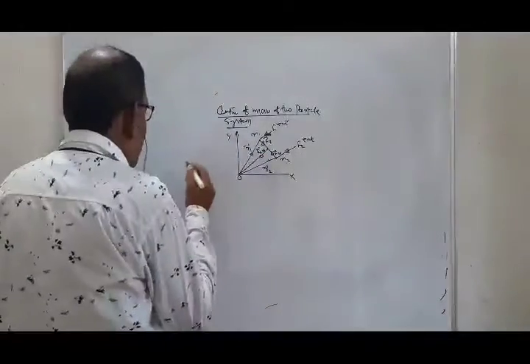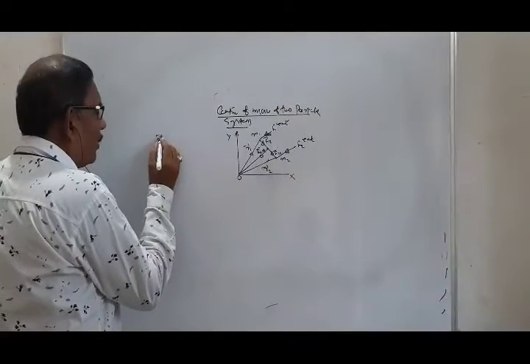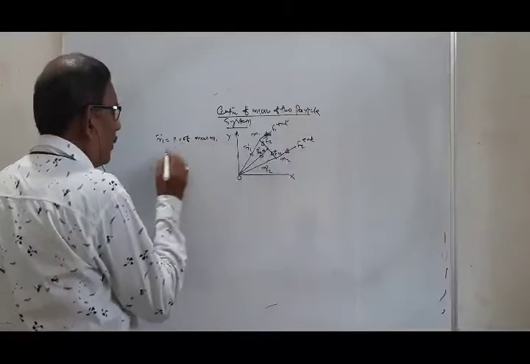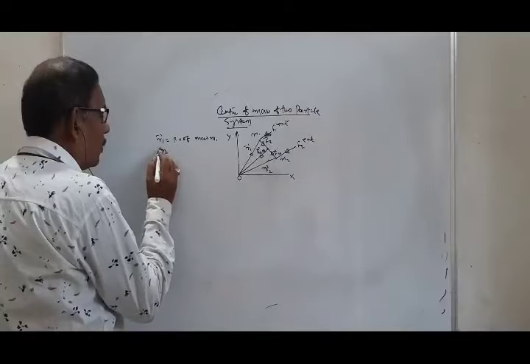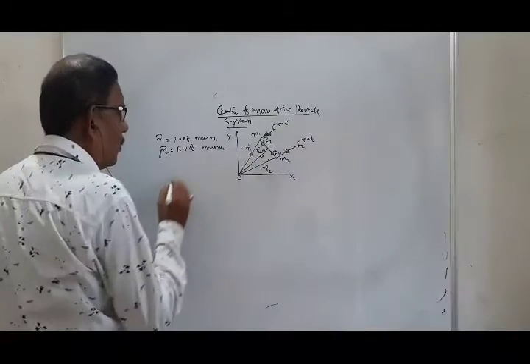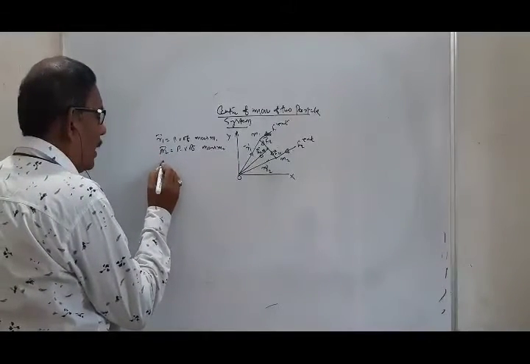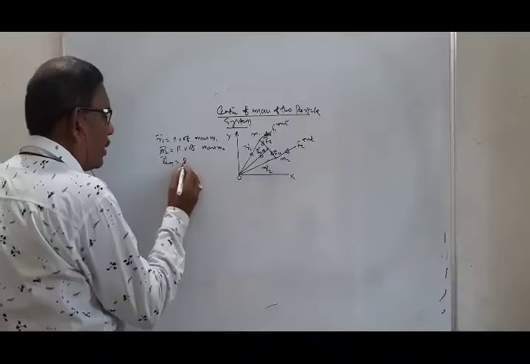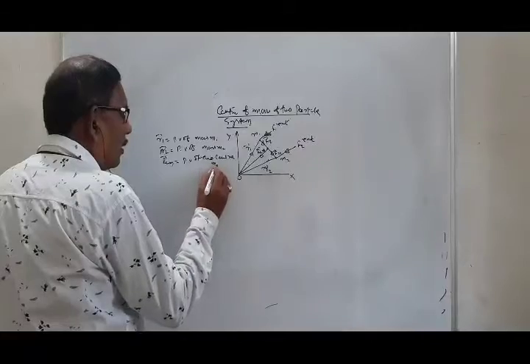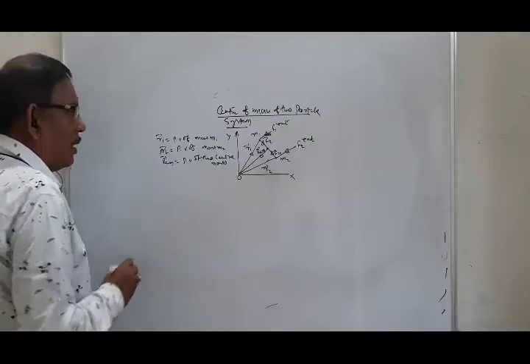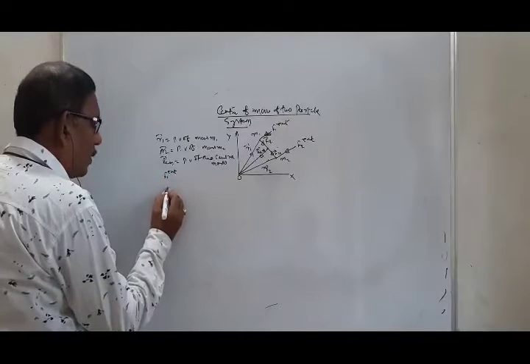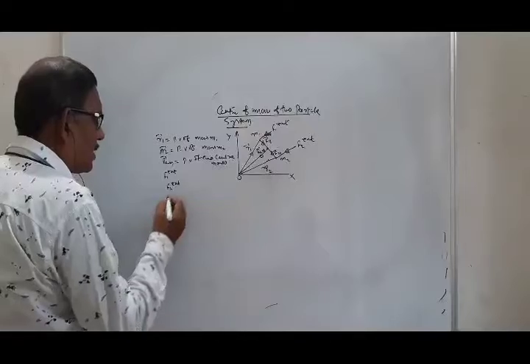So look here. R1, the position vector of mass M1. R2, the position vector of the particle of mass M2. And RCM, the position vector of the center of mass. Similarly, F1 external force, F2 external force. Ext means external force.